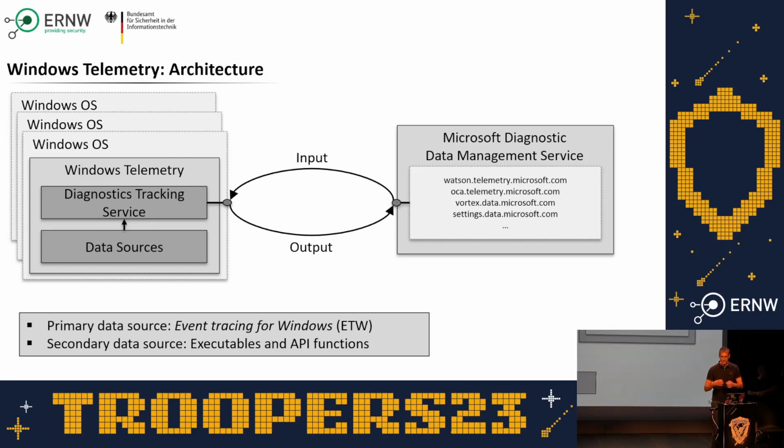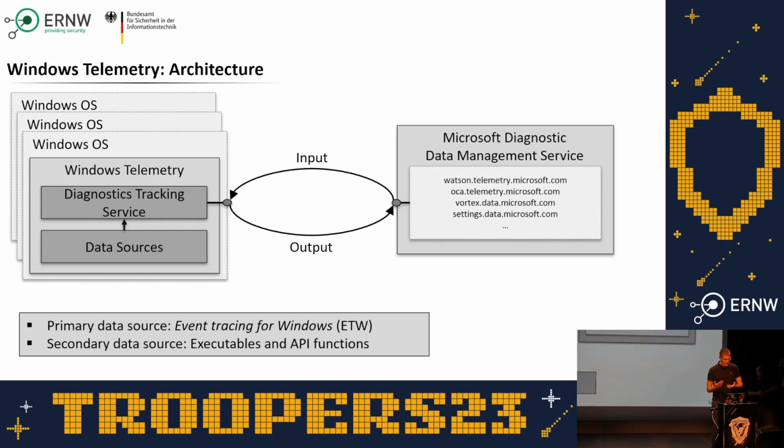This is the core telemetry service, and this telemetry service has access to two different kinds of data sources, which we call a primary data source and a secondary data source, whereas the primary data source is the Event Tracing for Windows infrastructure, or in short, ETW. And the secondary data source are executables and API functions, which this service is able to call and to execute upon special requests by the backend.